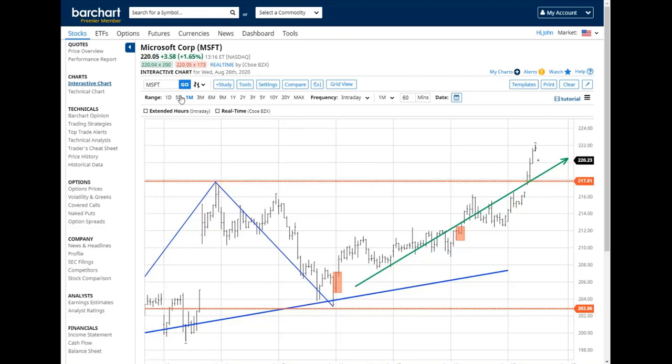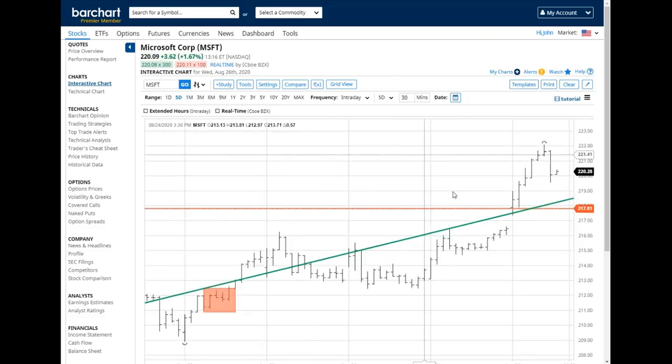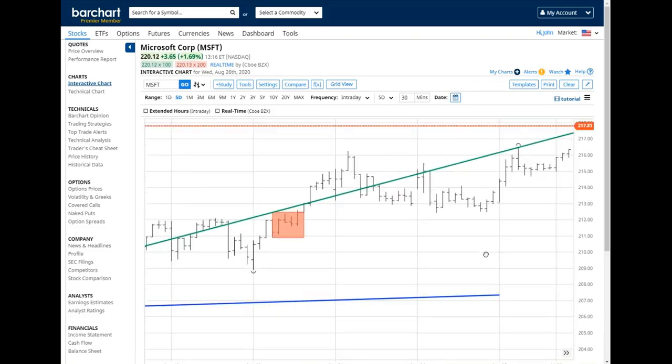Even if I go to a lower time frame, let's say the 5-day time frame, here I'm looking at that impulse, and here is that correction.